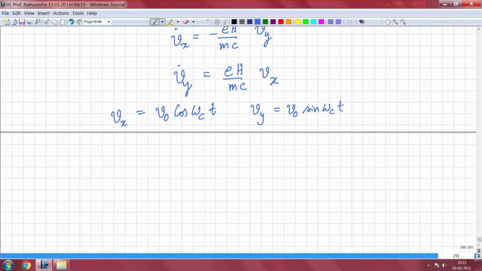So, this satisfies the differential equations, and what it means is that the electron does a cyclotron motion, that is, goes round in spirals in the xy plane.